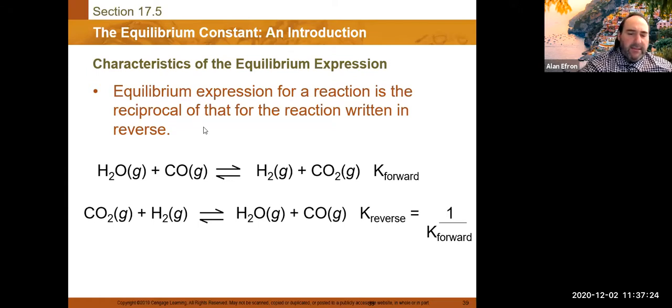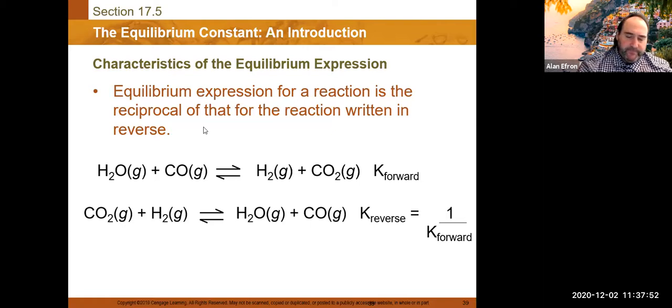Okay, so as I mentioned before, when we write the equilibrium expression, it is specific to exactly the way the reaction is written: what's on the reactant side, what's on the product side. If we need to reverse it for a particular reason, which sometimes does occur, it affects the equilibrium value and also the expression.